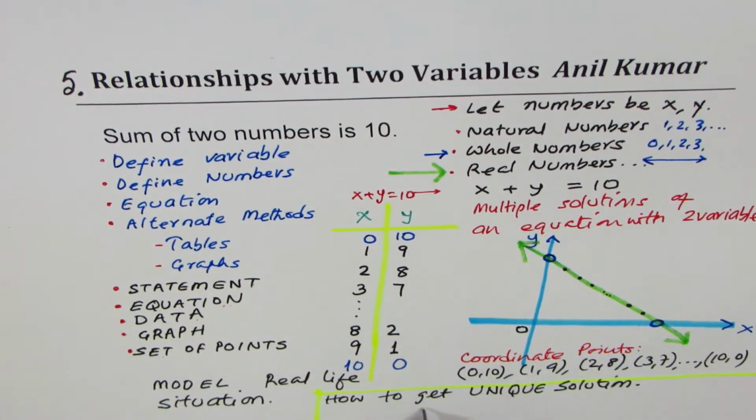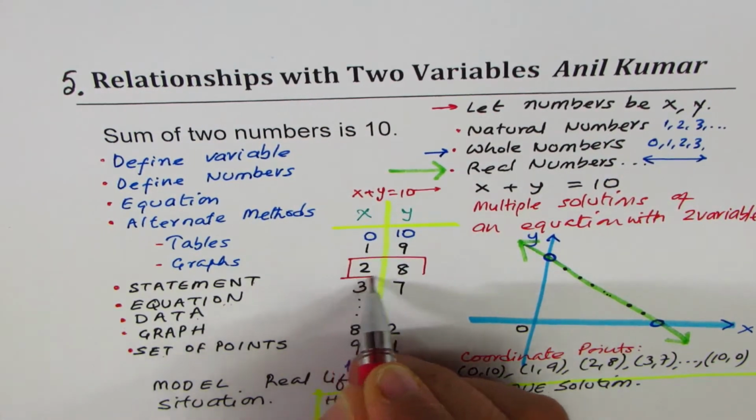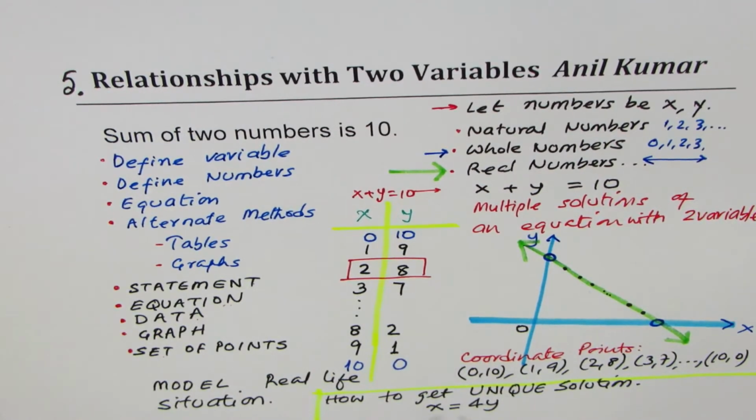If I say that x is equal to 4 times y, the two numbers are such that one number is 4 times the other and their sum is 10, then we have only one solution. As you can see, combination 2, 8. I should say 8, 2, I'm sorry.